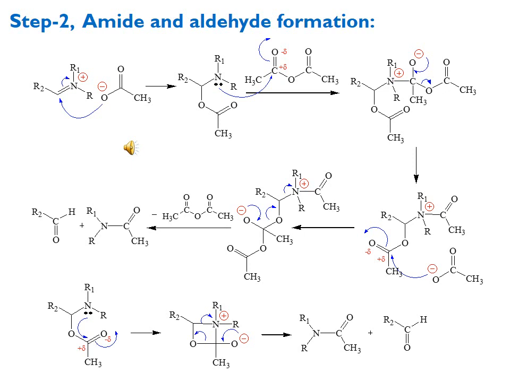The alpha acetyloxy tertiary amine, which was obtained in the first step of this slide, can move through intramolecular cyclization. The above discussed mechanism is intermolecular, and here we can move also through intramolecular cyclization.